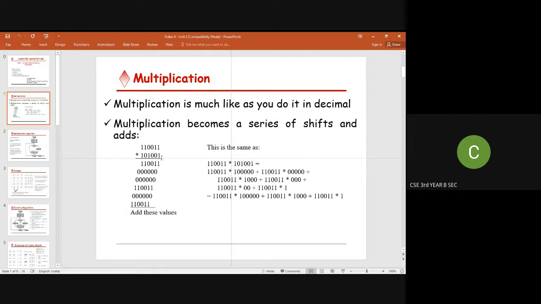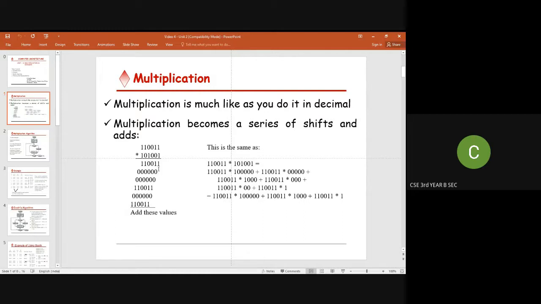First we take the least significant bit, which is 1. This 1 is multiplied with the entire multiplicand 110011. Next we multiply this 0 with the entire multiplicand. By multiplying the multiplicand with 0, we get all zeros, and again there is a 0, then all zeros.